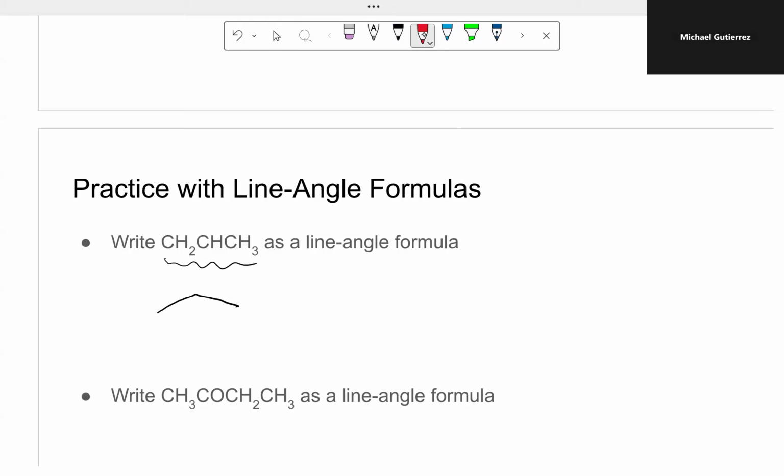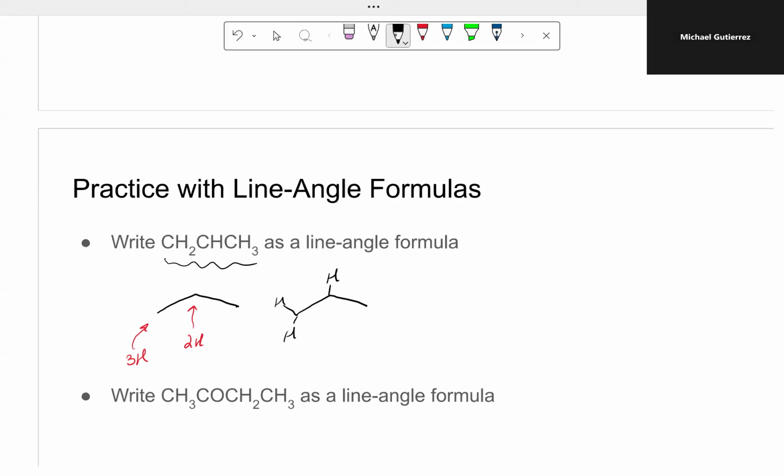If I were to leave it as it is, there should be 3 hydrogens on that carbon on the end, and there should be 2 hydrogens here, if I'm following the rules for drawing skeleton formulas. So that isn't correct. I should only have 2 hydrogens here and 1 hydrogen here.